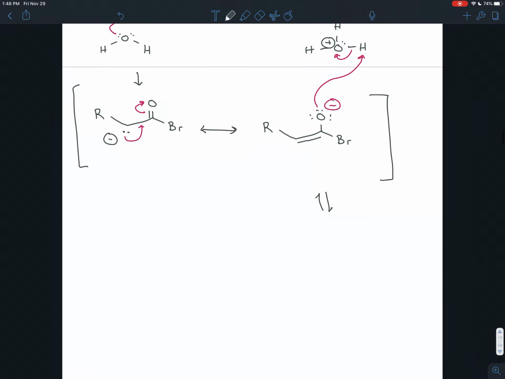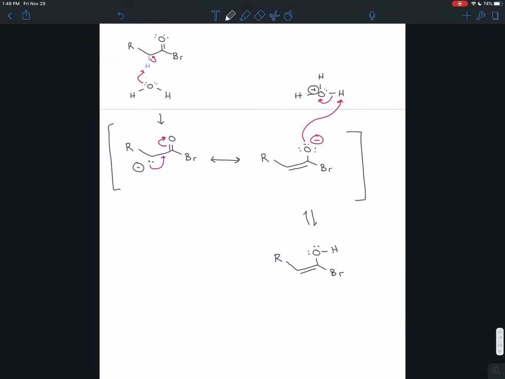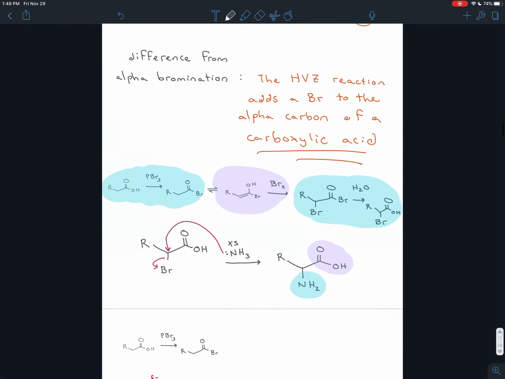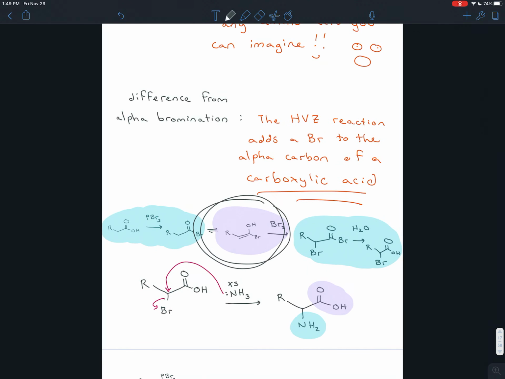So that's really just the keto-enol tautomerism mechanism that we talked about in the first couple of videos in this chapter. So that gives us the enol. And you'll notice that's that second step, this step right here. So we had the acid halide, and now we have this sort of enol there.